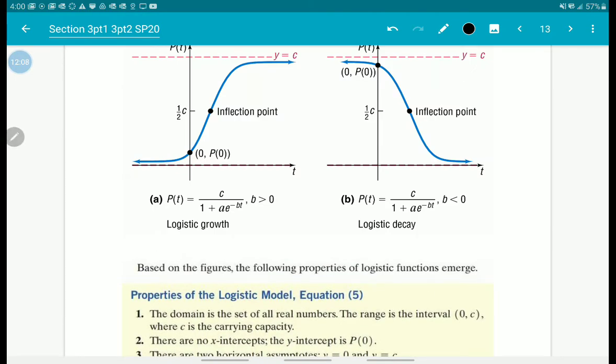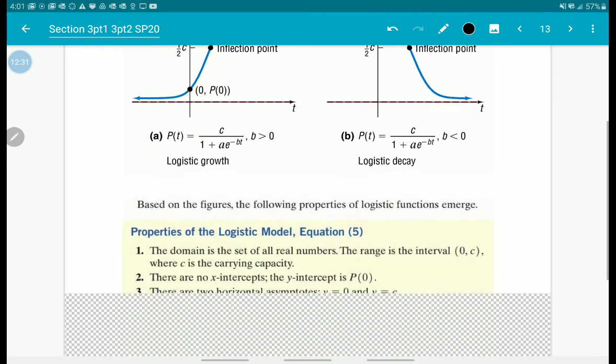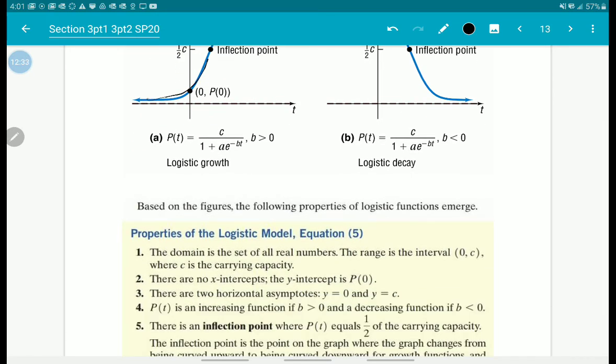That inflection point happens at half that carrying capacity, and you could prove that using Calc 1 techniques. That's where the graph changes from being concave up to being concave down. So we have this increase here, and then we change, and it starts to level off, if you will, past that inflection point. It's growing pretty rapidly in here.